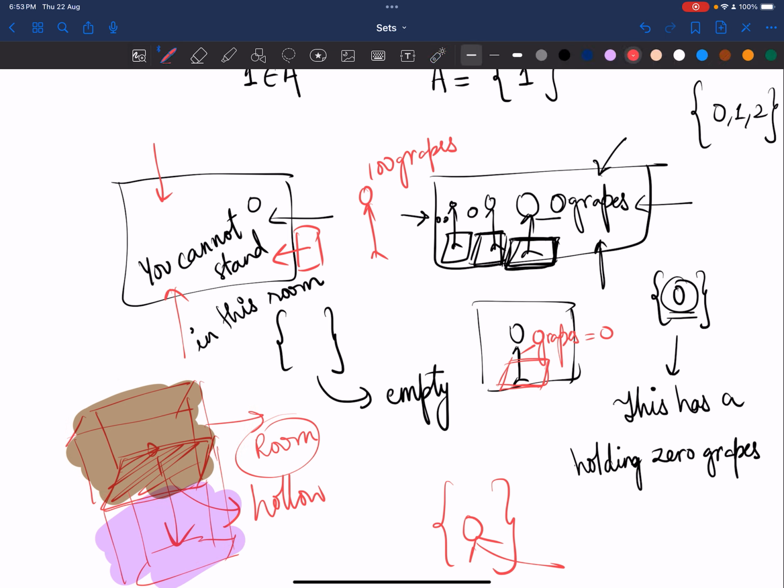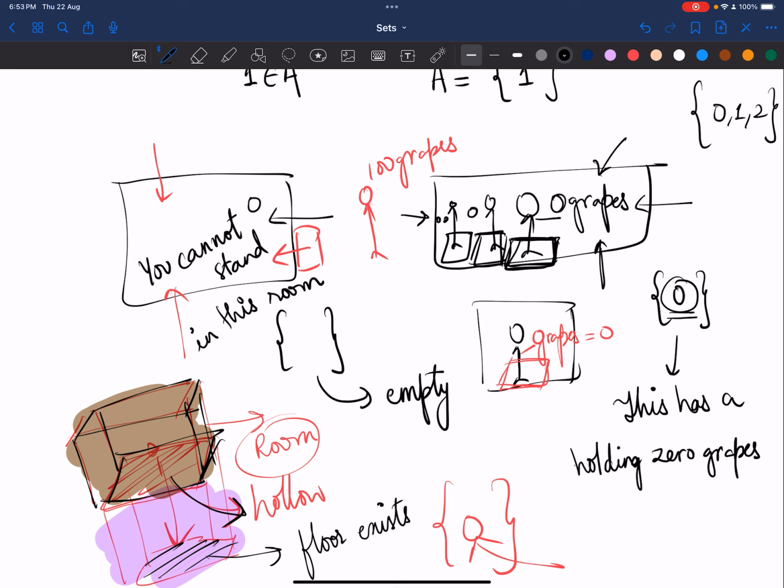Floor exists. But this room over here, this floor is hollow. It's the no floor. So even if you have a door, you walk through, you can't stand.